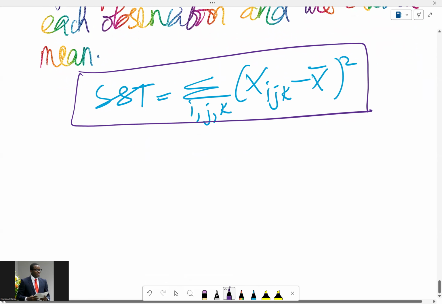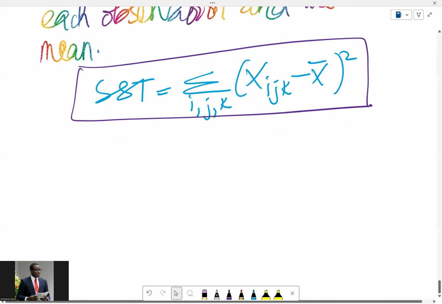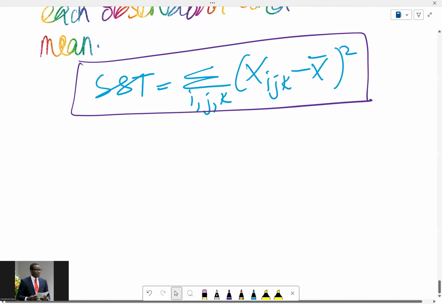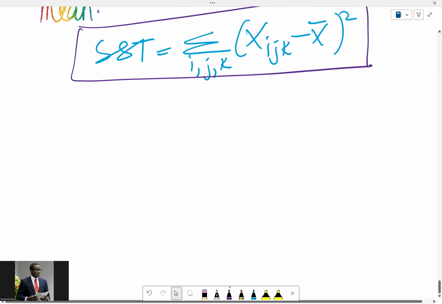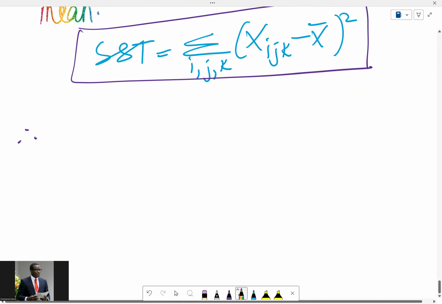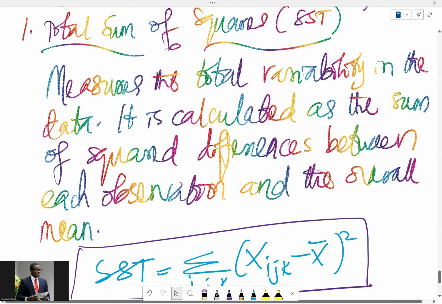And how do we compute that? We know the overall mean is 84.2 already, right? Instead of going through all the stress, let's just say SST is equal to each of the 20 values.